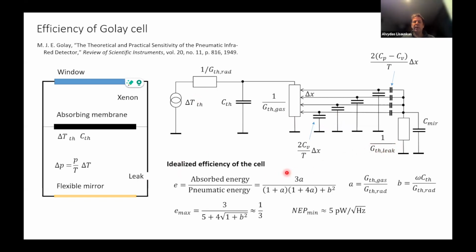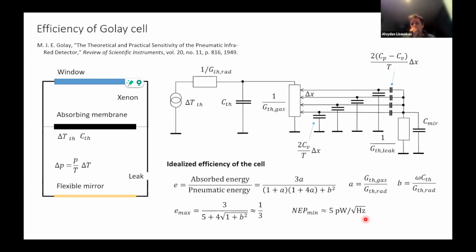If one takes that and converts the pneumatic energy to absorbed energy and calculates the changes, Golay even at this time came to the point that such a principle operating in normal conditions has a minimum NEP of 5 picowatt per square root of hertz.